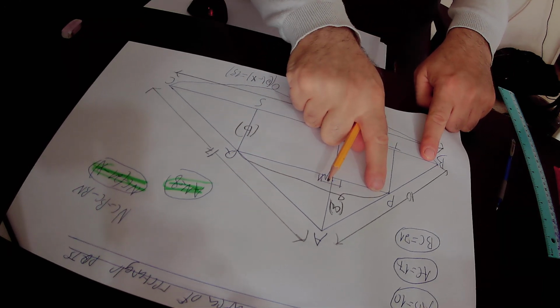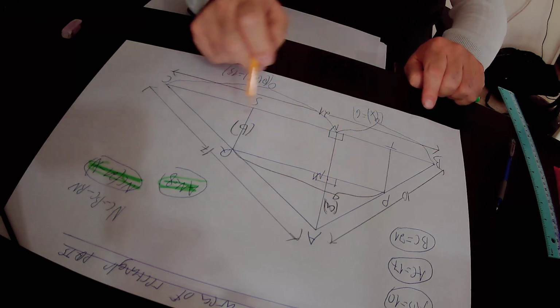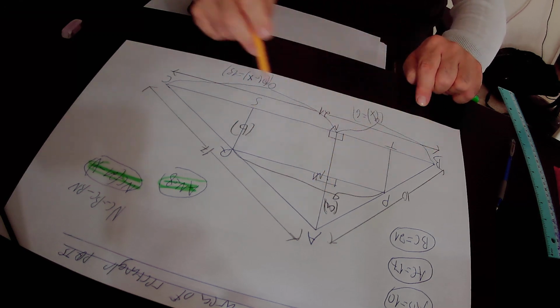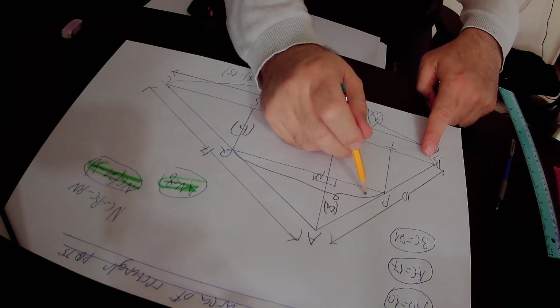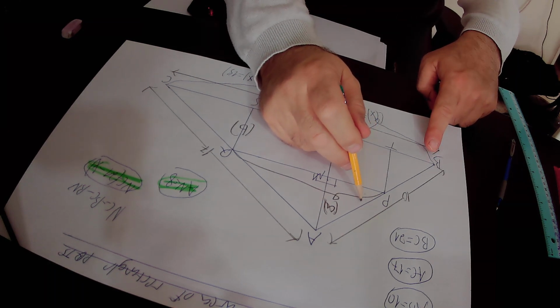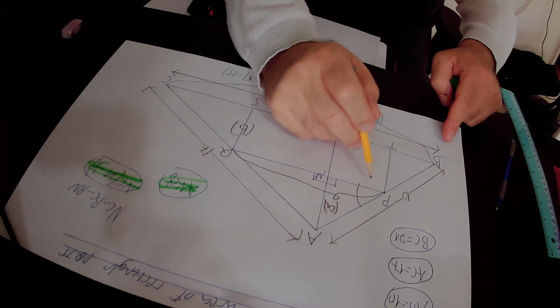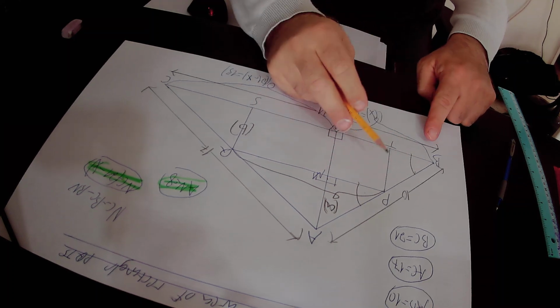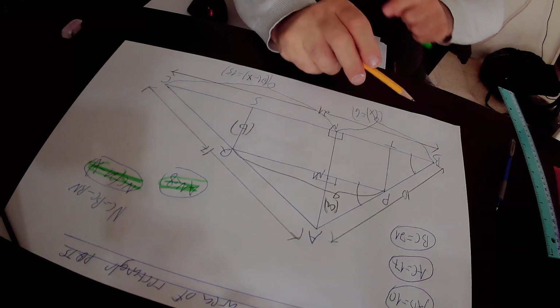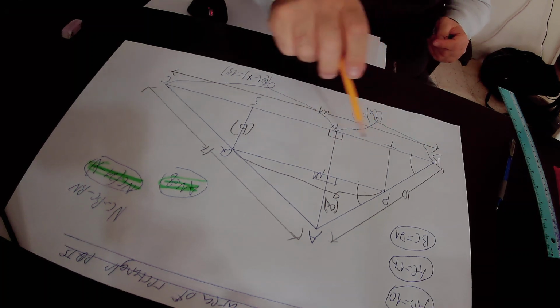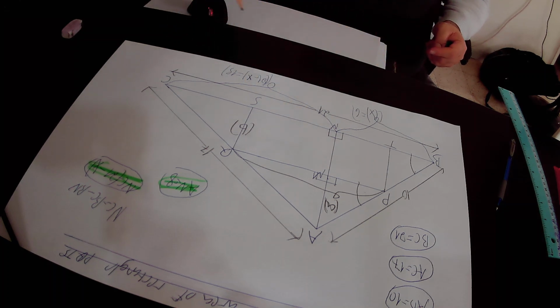Those two angles, that is to say angle APM and angle ABC, are defined as corresponding angles. They are located between the parallel lines PQ and BC, and therefore they are equal to each other.